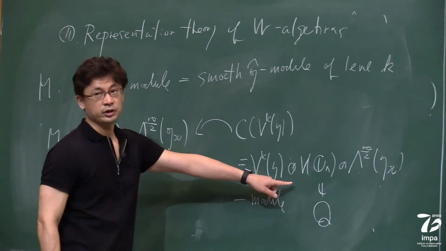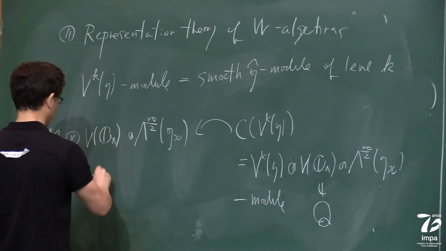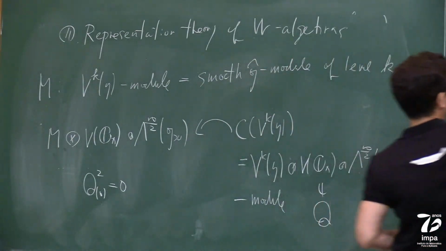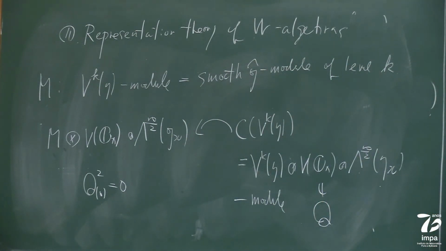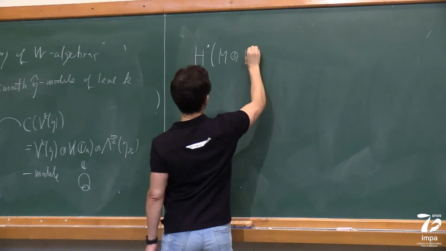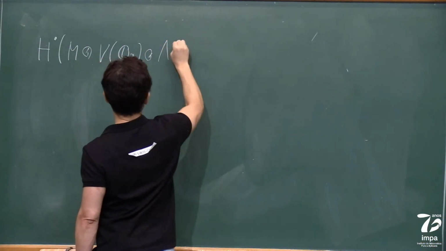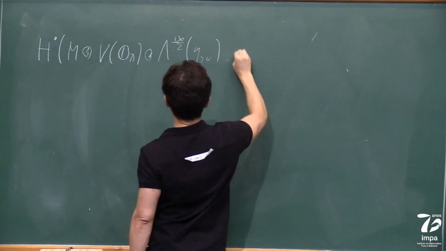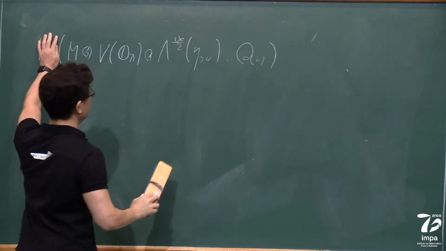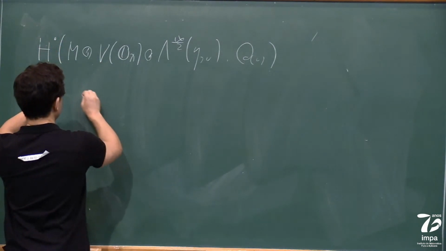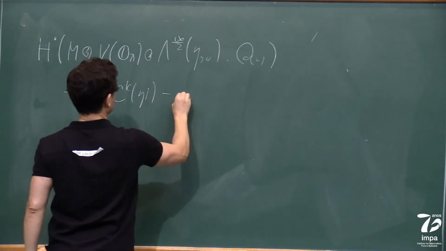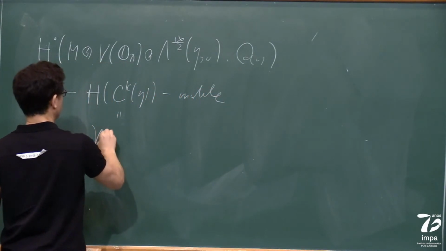And because this element also acts keeping this relation, we can consider the corresponding complex, and if you consider cohomology, this is naturally a module over H of CKG, which is the double algebra.